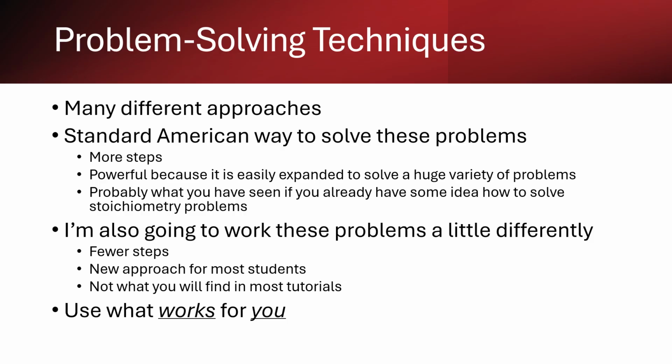This typically involves more steps than other ways because we tend to break down the problem-solving process into small steps, and then we have to put all of those small steps together, and we end up sometimes with kind of long calculations. It's an extremely powerful technique because we can easily expand it to solve all sorts of other problems.